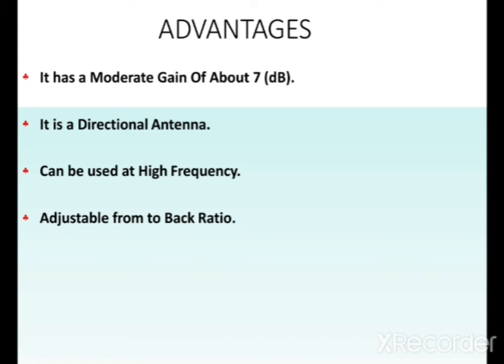The director is somewhat 5% less than that, near 445 by frequency in megahertz feet. So you have to find all these in feet. 1 foot is equal to 0.3 meters, then you change to meters, no problem. Here you take the length of the driven element, reflector, and director, found using the given operating frequency.